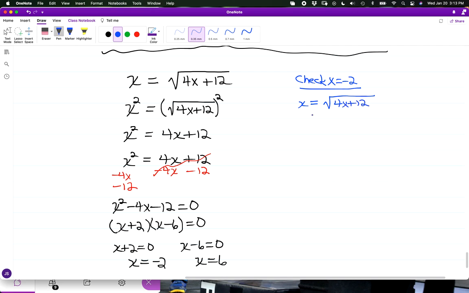You have x at negative 2 equal to the square root of 4 times negative 2 plus 12. 4 times negative 2 is negative 8, and negative 8 plus 12 is going to be 4.